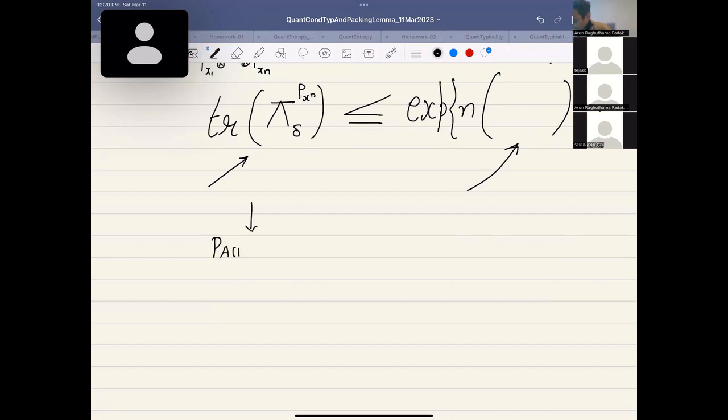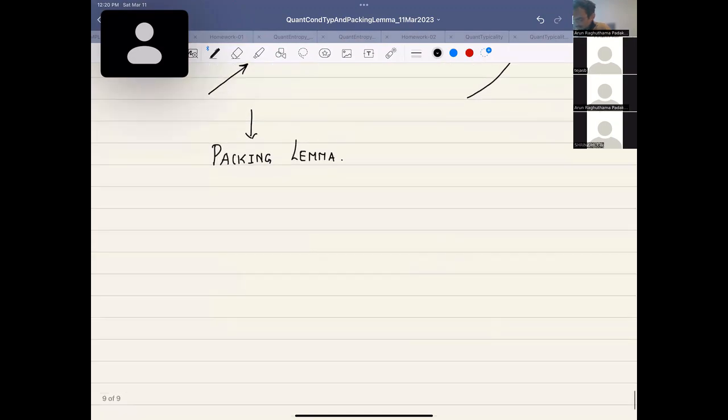So maybe let me just quickly motivate the packing lemma and then move on. See, the idea is exactly what I said in the previous two pages. Essentially, you have this device. This device has a lever.